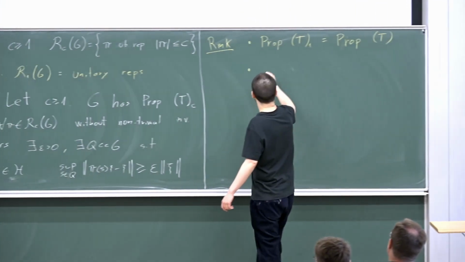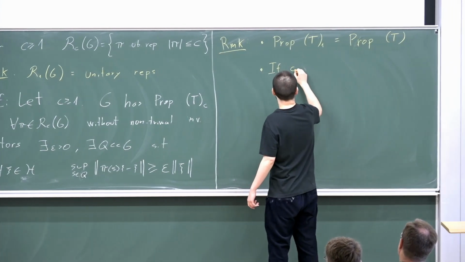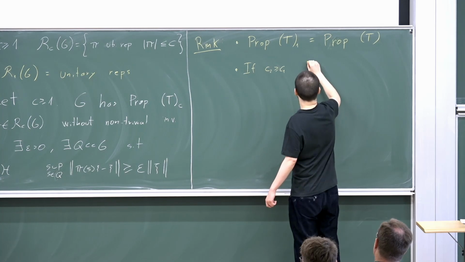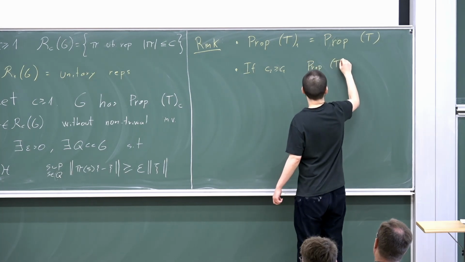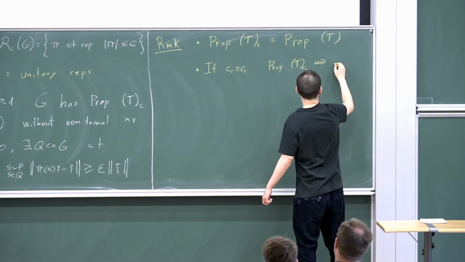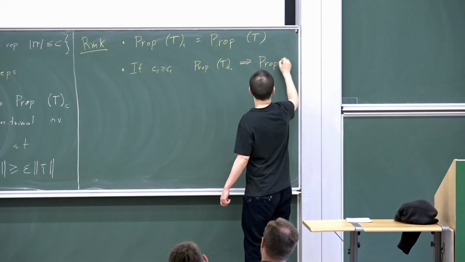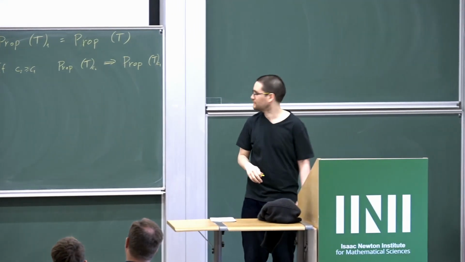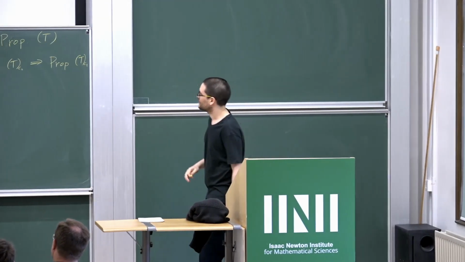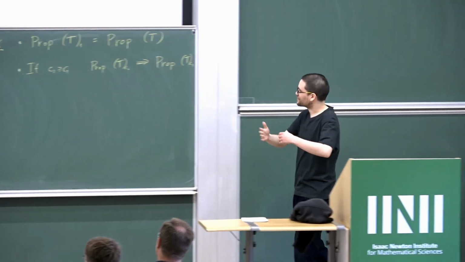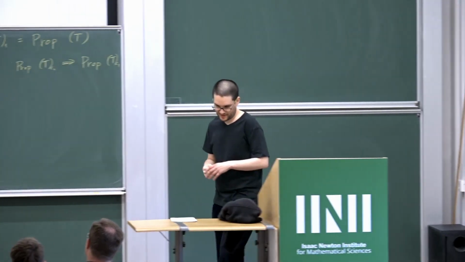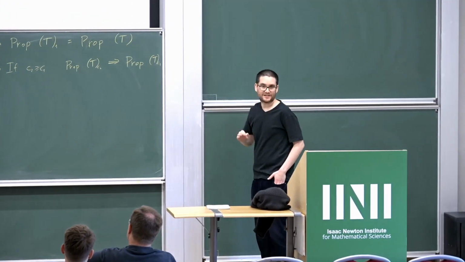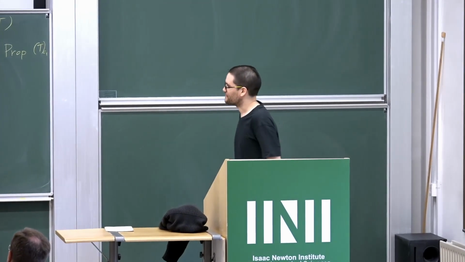So if, let's say, C_2 is bigger than C_1, property T_{C_2} implies property T_{C_1}. So in principle this becomes stronger. That's all I want to say. So that's the definition, and these are just the first remarks.